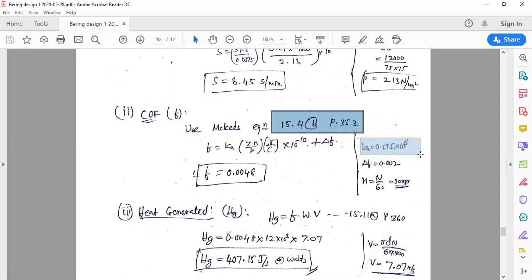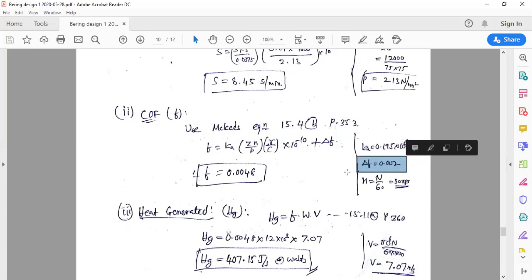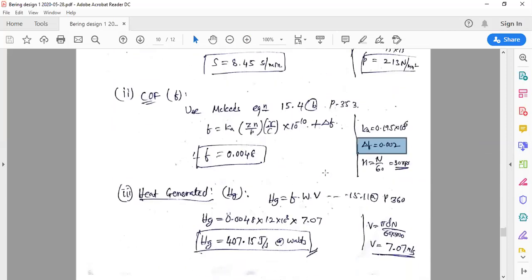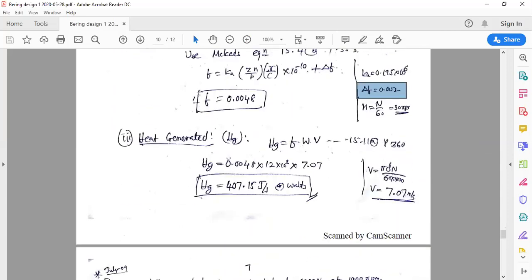What is Ka? Ka is 0.195 into 10 raised to 6 for a full bearing, that is beta equal to 360 degrees, as mentioned, and delta f is equal to 0.002, as L and D are equal, so the L by D ratio is 1. After substituting all the values, we get the value of f as 0.0048.